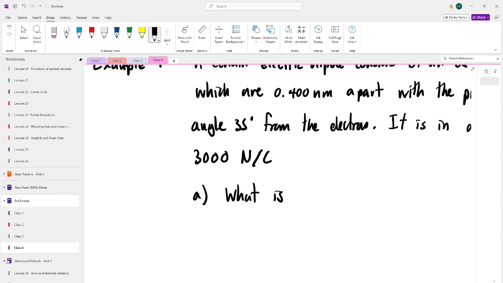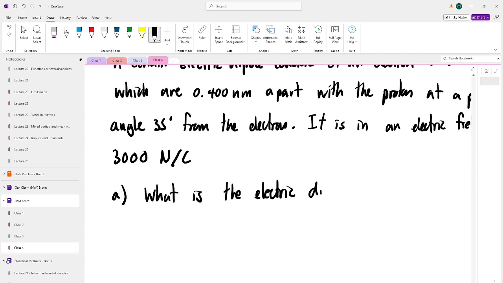And then they're asking you, A, what is the electric dipole moment vector? And then B, they're asking you, what is the torque vector on the dipole?